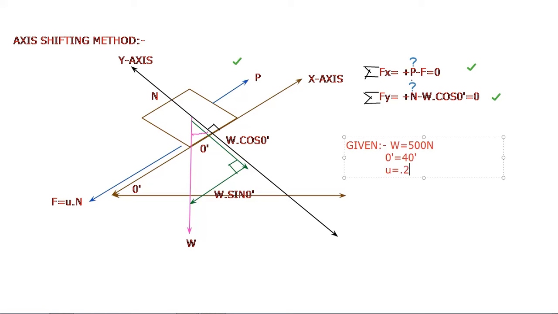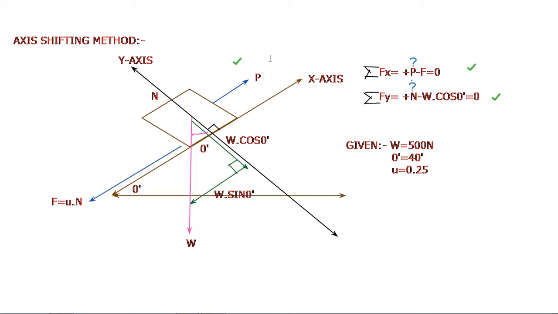Let us assume this value is 0.25. So these three values are required to solve the numerical based on friction here.